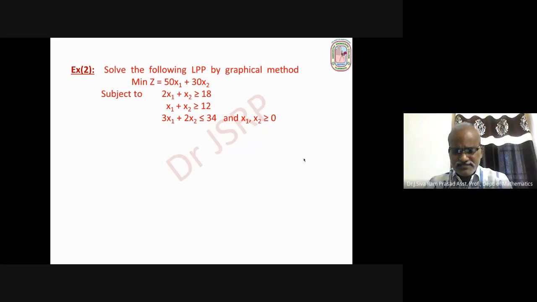Minimum Z equals 50x1 plus 30x2, subject to 2x1 plus x2 greater than or equal to 18, x1 plus x2 greater than or equal to 12, 3x1 plus 2x2 less than or equal to 34, and x1, x2 greater than or equal to 0.